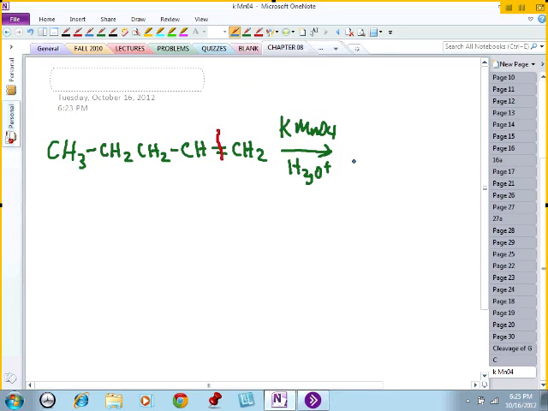Okay, so this is what you get, plus carbon dioxide. And that carbon dioxide is coming from this carbon here. And that is in the case in which you have the carbon-carbon double bond at the end of the chain.